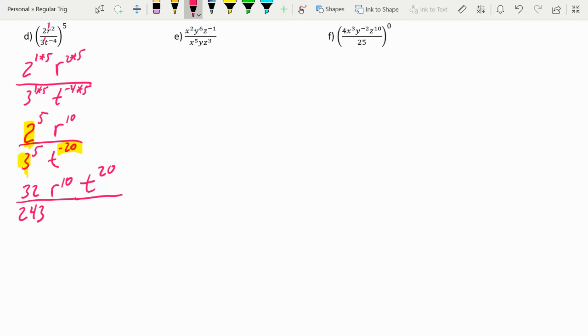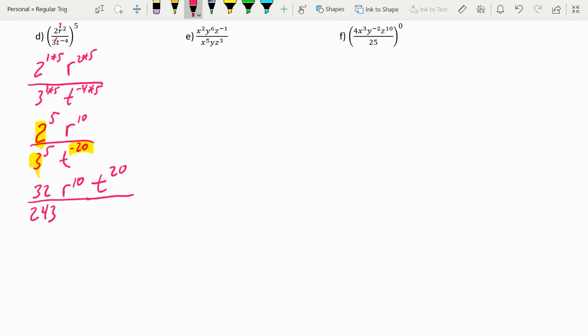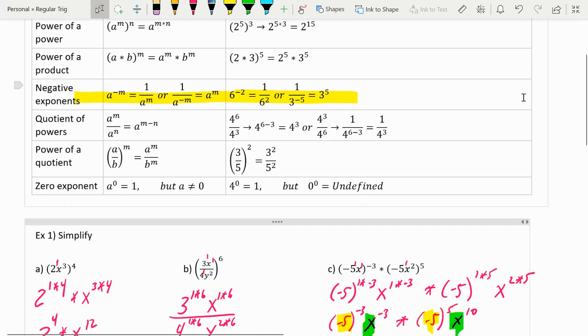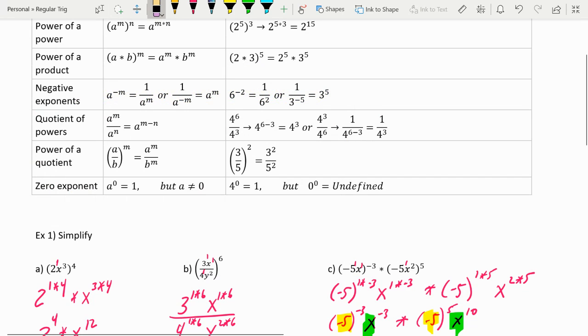All right, E. I look at this and I'm seeing bases that are the same, x and x. Where do I do the work? I do the work wherever the exponent is biggest. Remember this one from the previous lesson.